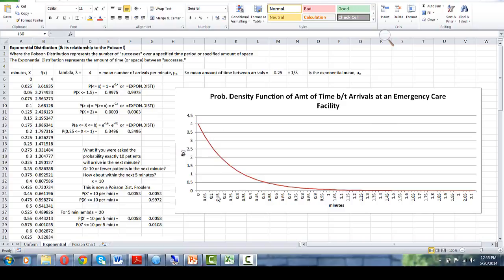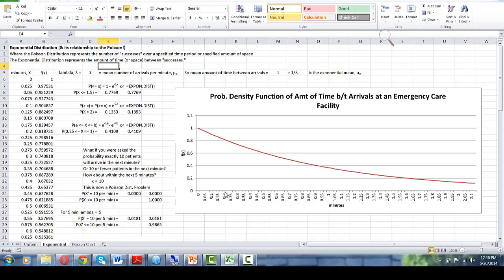Obviously, the formulas are the same, but the resulting area will depend on the mean. So, for example, for the area between 0 and 0.2, let's say here, we would have to find this area here. Well, that would depend on whether the mean number of arrivals per time period is 4 or 1. Let's change this to 1. So now you're going to have a very different amount of area versus, let's say, 10.